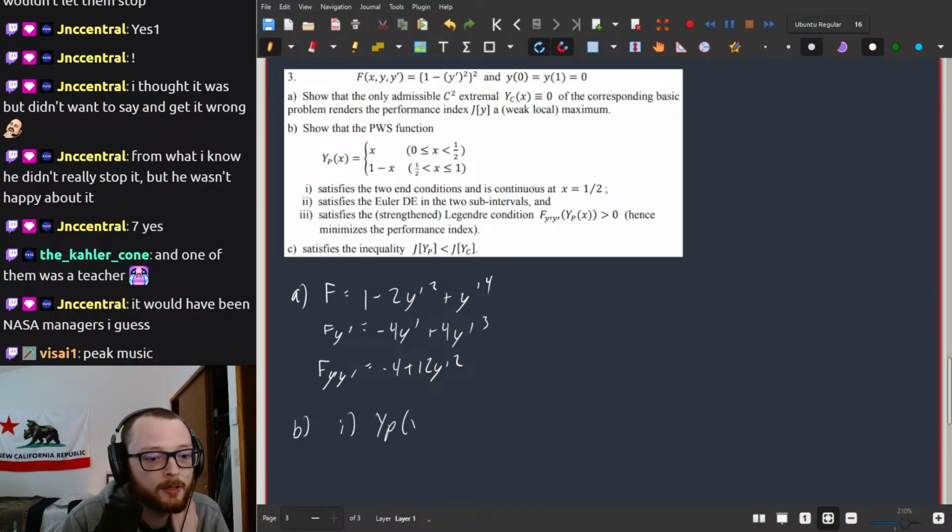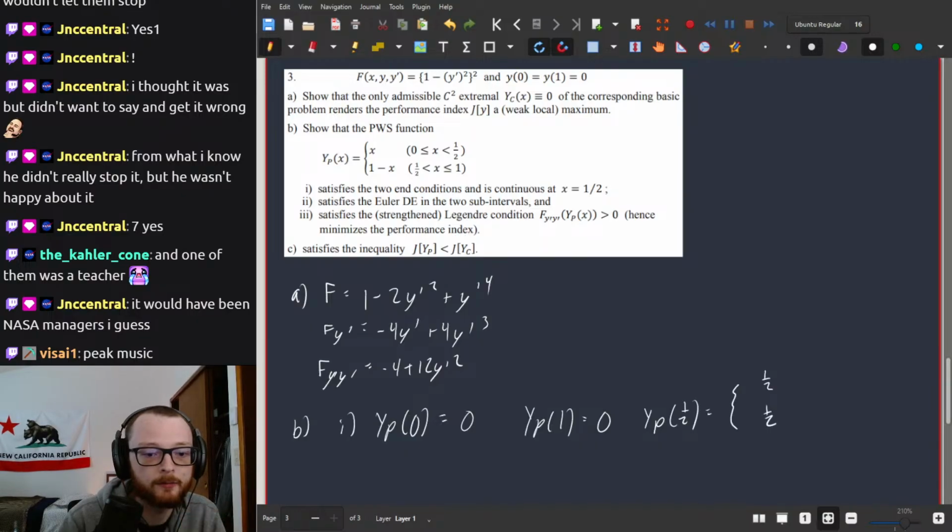Y sub p of 0 is equal to 0. That checks out. Y sub p of 1 is also equal to 0. That checks out. Y sub p of a half is equal to a half and a half. Okay, that's easy.